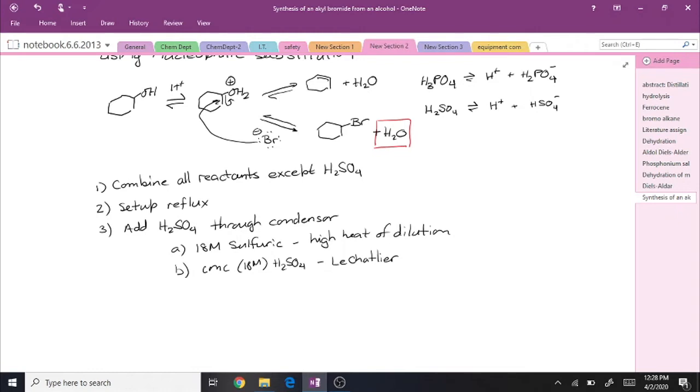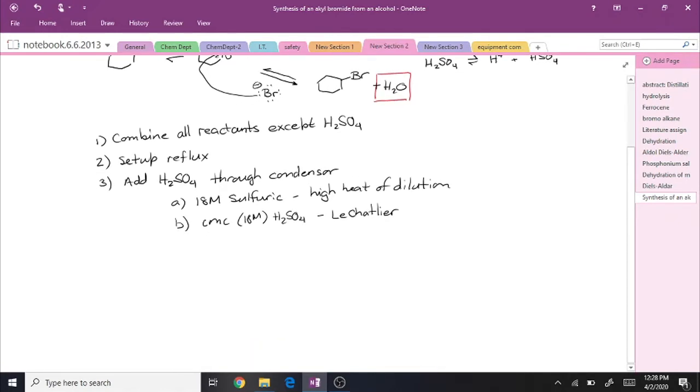And so the more water we have present, the more likely we are to be pushing that equilibrium to reactants, meaning we get less product. So if we used a more dilute solution of sulfuric acid, we would hinder the reaction from going to completion. And so we want to minimize the amount of water, and so we use concentrated sulfuric acid.